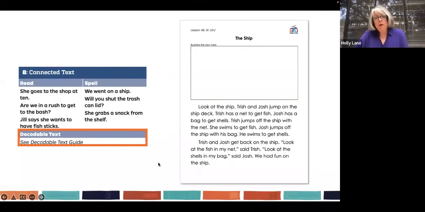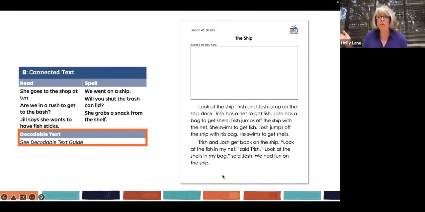So the last part of the connected text step is to actually read a passage or a book or a combination of these things. And so we have a decodable text guide. We are actually going to be probably posting that tomorrow. It's just about ready to share with you. And the decodable text guide includes links to the decodable passages.